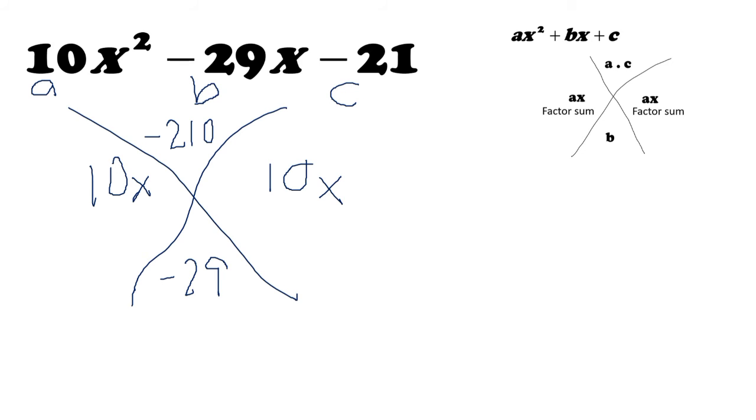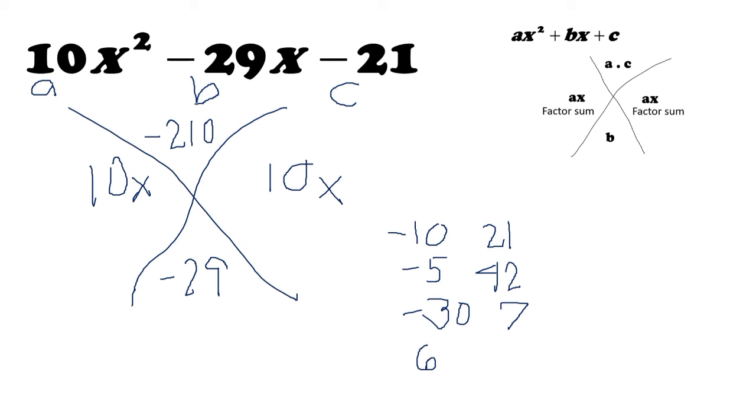So let's say the possible factors: negative 10 times 21, which is negative 210. Negative 5 times 42, that is negative 210. Negative 30 times 7, same as negative 210.